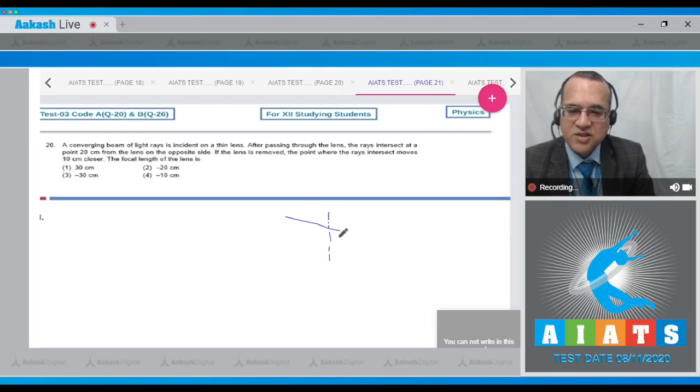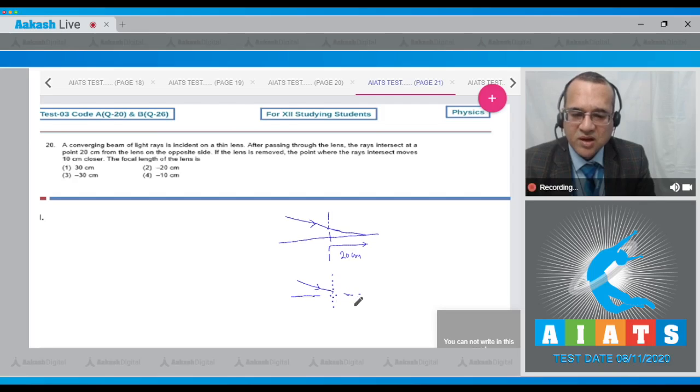From here the image formed is at 20 cm. He says that if I remove this lens, then these rays converge at 10 cm only, because it shifts 10 cm toward the lens.